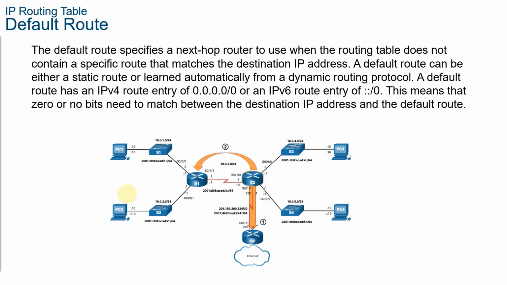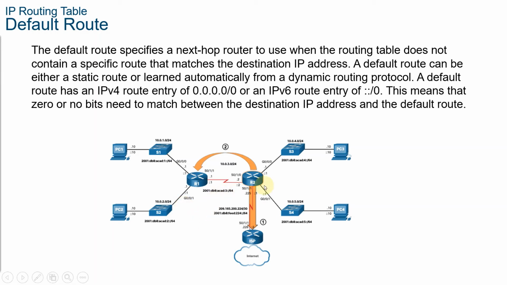So in the figure here, okay, R1 and R2 are using OSPF to share routing information about their networks. Okay, you've got the 10.0.x.x/24, and then you've got the 2001:DB8:ACAD:X::/64.